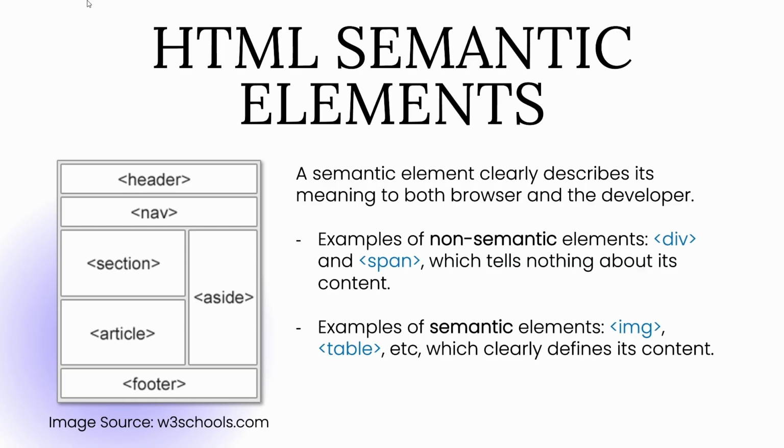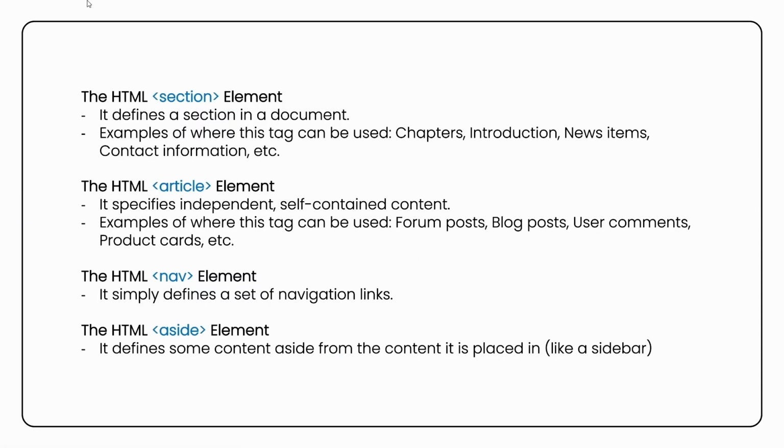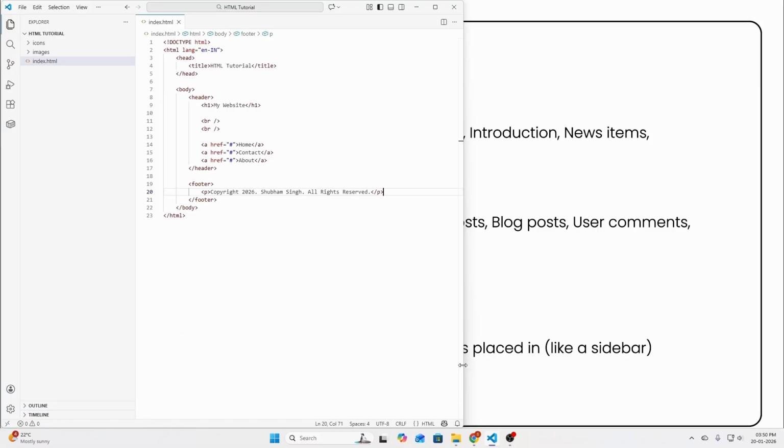Next, we have the section element. The section element defines a section in a document, or in simple words, a section is thematic grouping of content, typically with a heading. So let's add a section element between our header and footer element like we do in a real website.